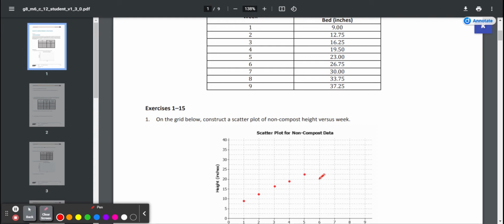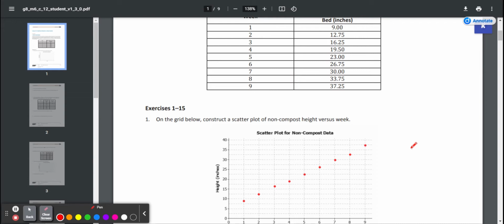And again, this is somewhat arbitrary because we're really making this on a graph that is not completely graduated, meaning it doesn't show us exact numbers and exact lines of best fit. So we're doing the best we can to estimate this.